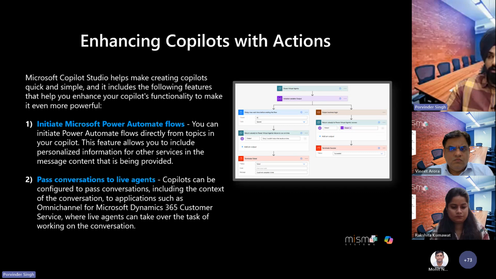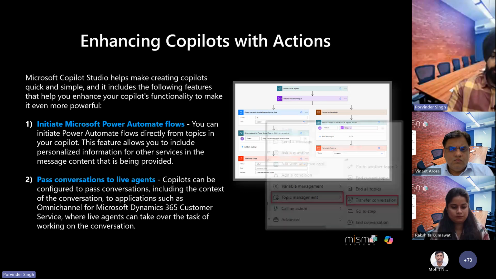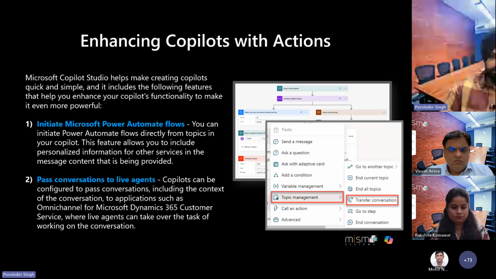The next example is that we can also use Power Automate to transfer the conversation to a live agent. In case the user has asked a particular question which the Copilot is not able to respond to, it can transfer the conversation to a live agent using Dynamics 365.